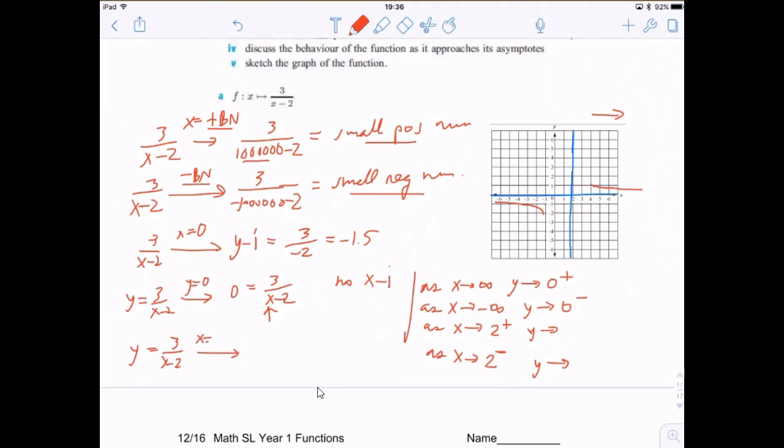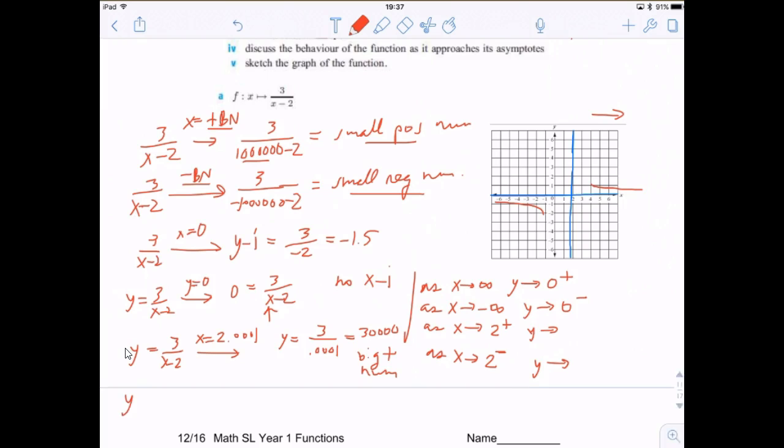So we'll say x is equal to 2.0001. That's going to give us a y value of 3 divided by 2.0001 minus 2, which would be 0.0001, which is equal to 30,000, a huge positive number, right?